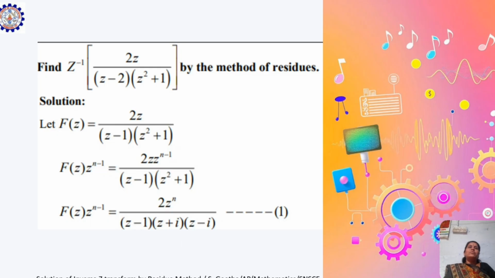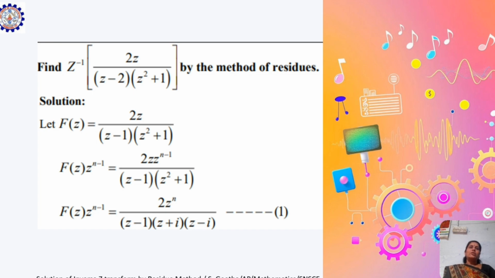Now we are going to find the inverse Z transform of 2Z by (Z minus 1) into (Z square plus 1) by method of residues. Here F of Z is equal to 2Z by (Z minus 1) into (Z square plus 1). Here F of Z is multiplied by Z power n minus 1, which is equal to 2 into Z power n minus 1 divided by (Z minus 1) into (Z square plus 1).